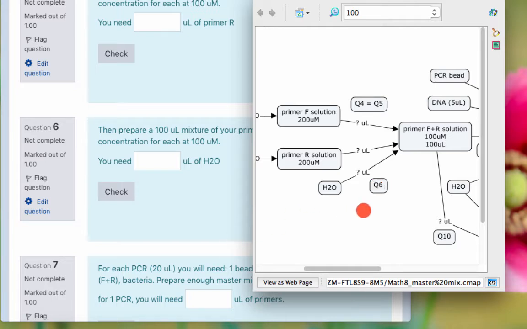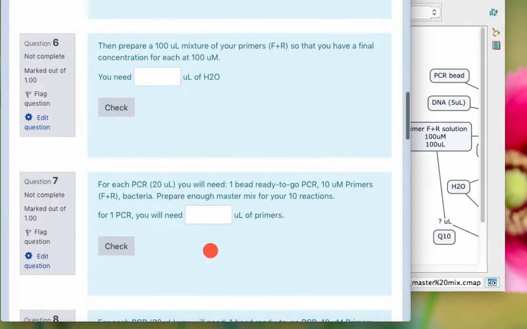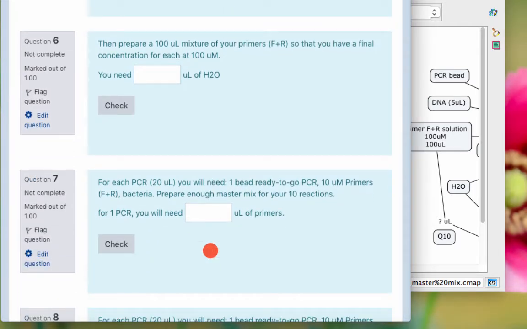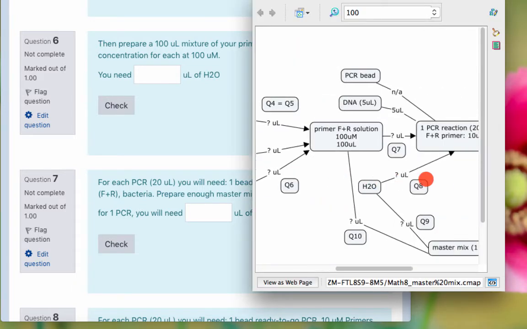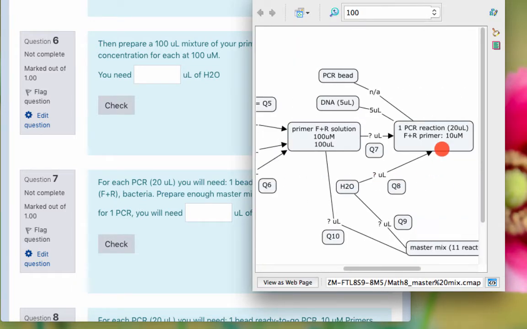Moving forward, now we're going to assemble the PCR reaction. That's question number 7. A PCR reaction contains a bead, primer solution, and bacteria. You mix this up, and that's 20 microliters. I have this information right here. We're going to assemble a single PCR reaction that's 20 microliter. Within this reaction, the primer concentration should be 10 micromolar.